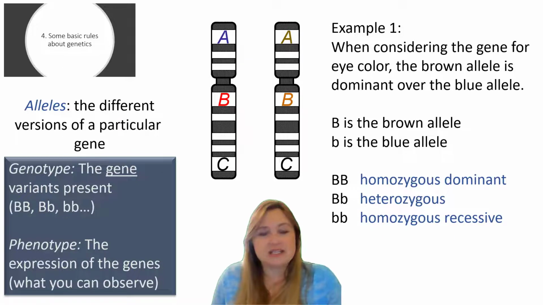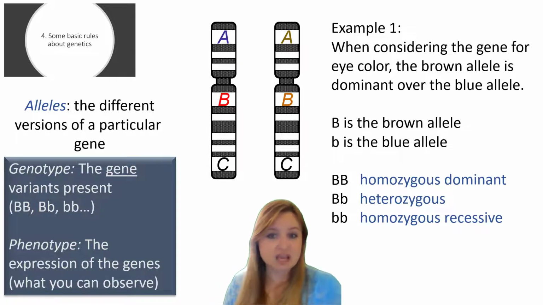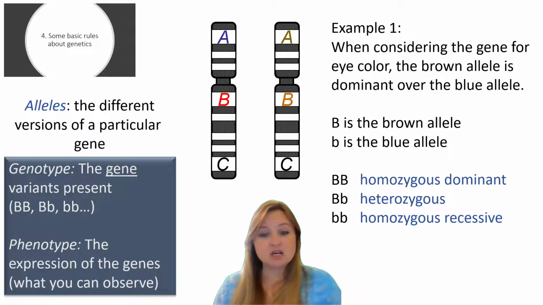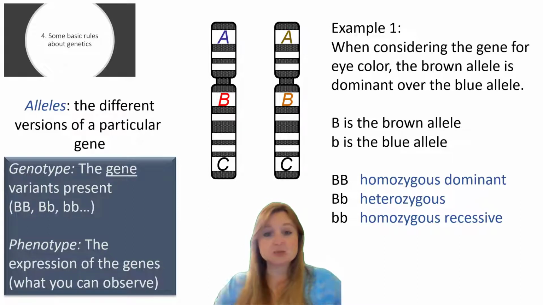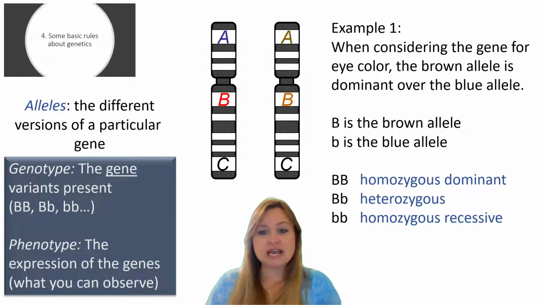So let's walk through these and figure out what the phenotype of each possibility is, okay? So for someone whose genotype is big B, big B, what is their phenotype going to be? Phenotype's what you see. We're talking about eye color. And because they have 2 dominant brown alleles, their phenotype is going to be brown eyes.